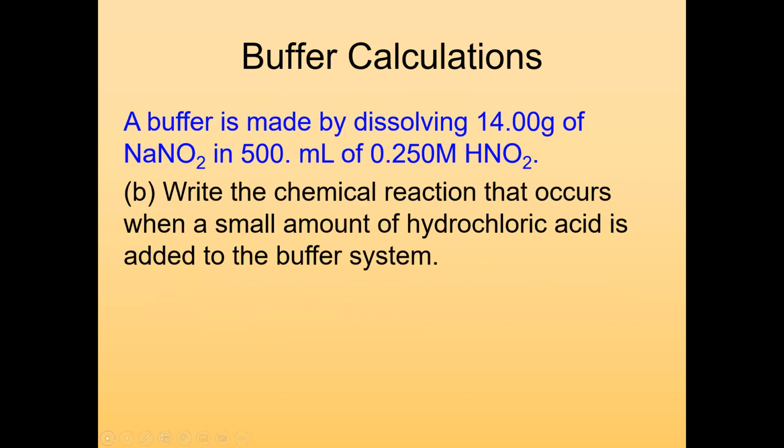So the acid, which would be just hydrogen ion, or more commonly the H3O plus, would react with the nitrite ion, producing water. So remember, all buffer solutions produce water and nitrous acid.